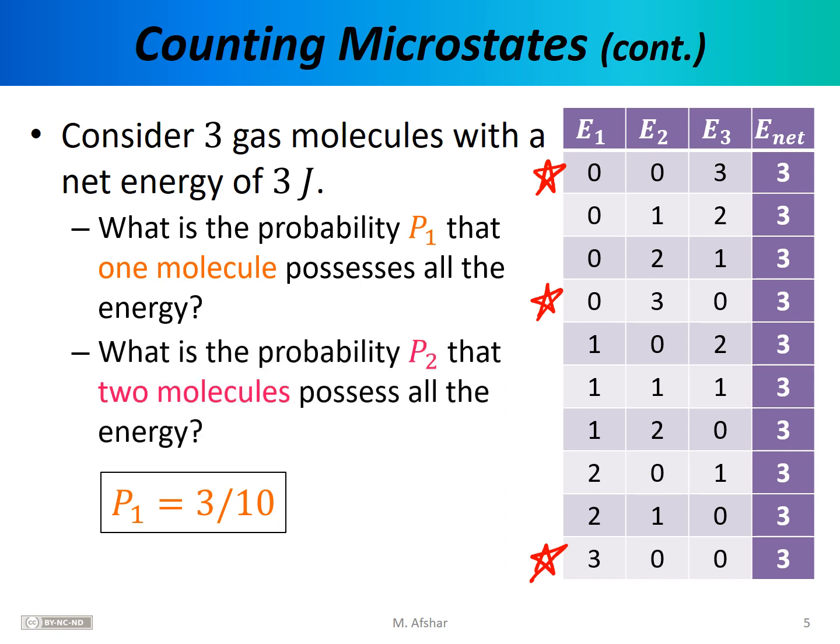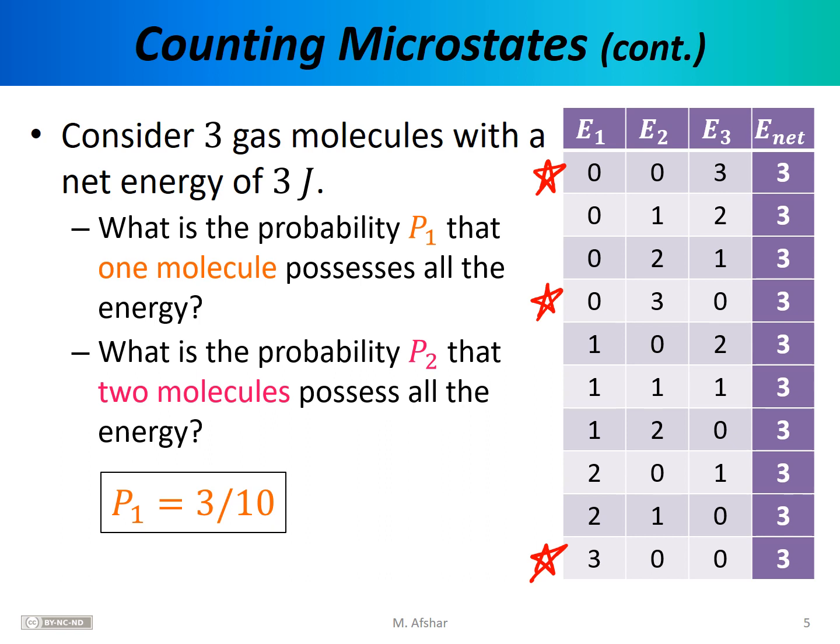We might also be interested in the following question. What is the probability, let's call it P2, that two molecules possess all the energy? So now we're interested in the probability that basically one of the molecules has zero energy.